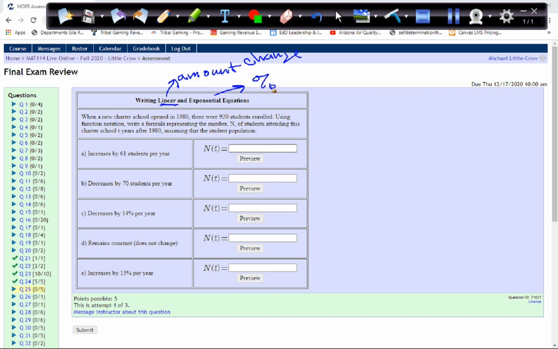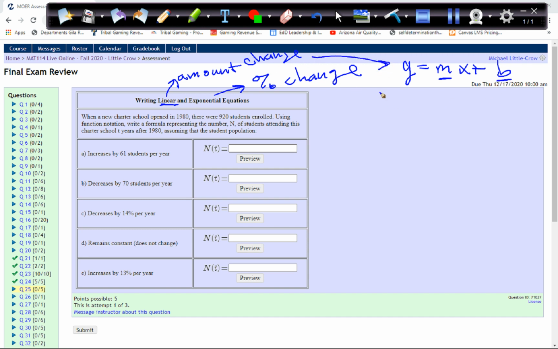Exponential is a percent change. So that's how you can tell the difference between them. And then we can come up with our equation from those previous ones. Remember, linear is going to be y equals mx plus b, where m is our rate and b is our starting value.